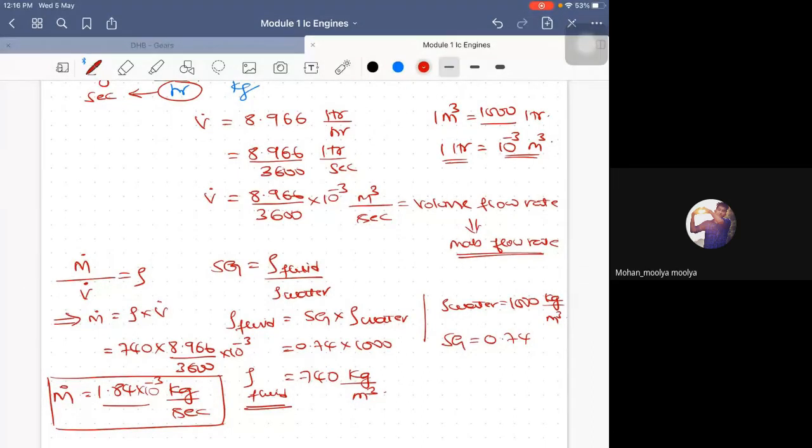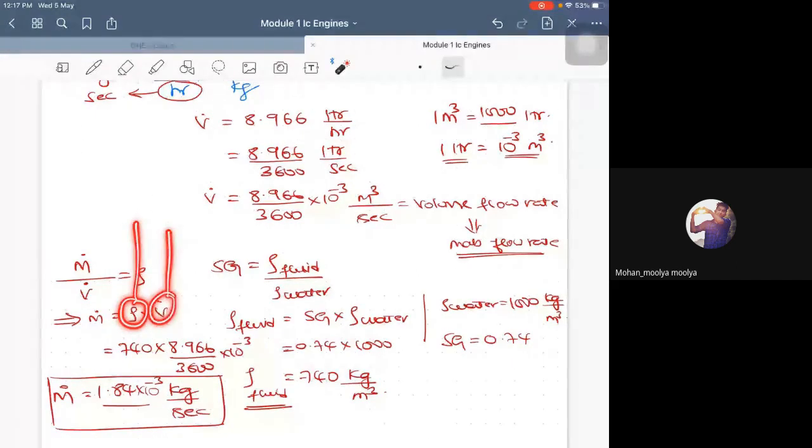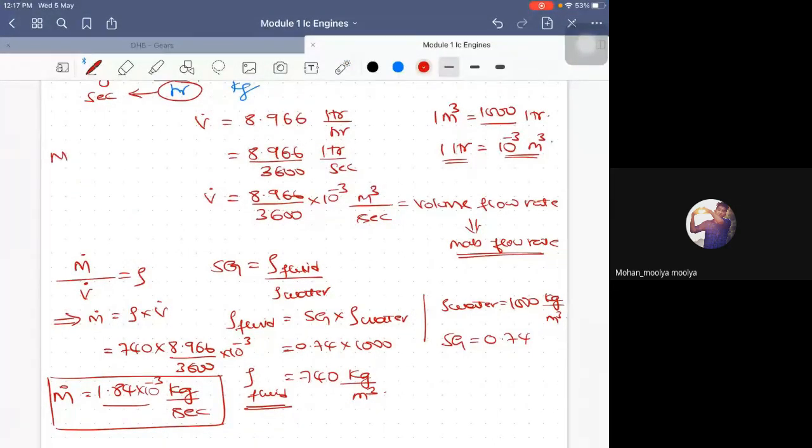Okay, so before you arrive at this, you can come to a conclusion here. Let us check for the units of this and this. Mass flow rate is equal to density into volume flow rate. What is the density unit, guys? kg per meter cube. Cross. What is the volume flow rate unit?